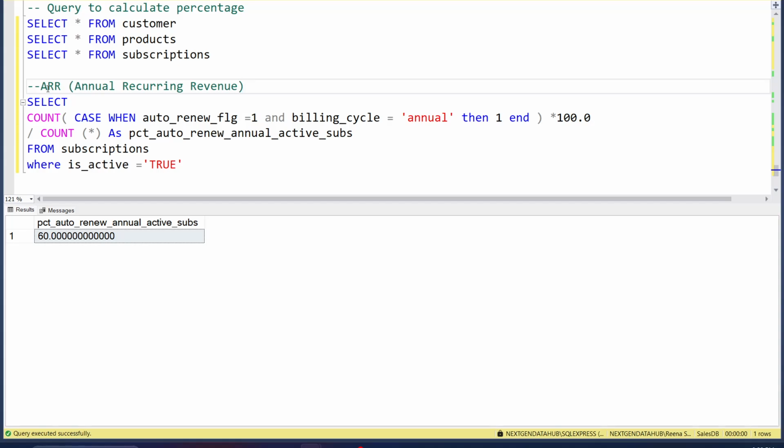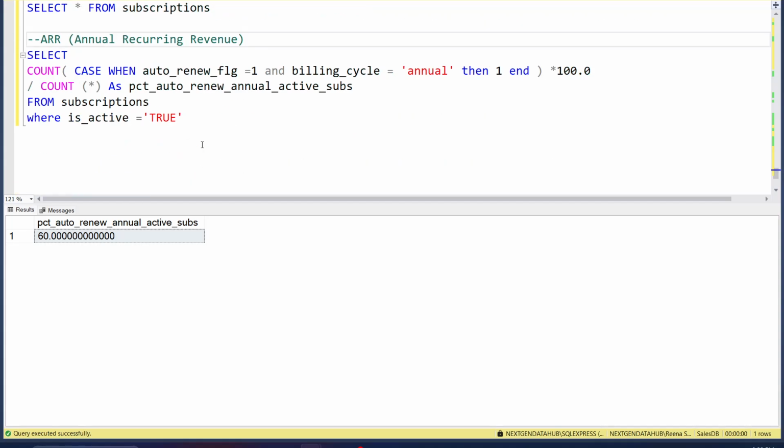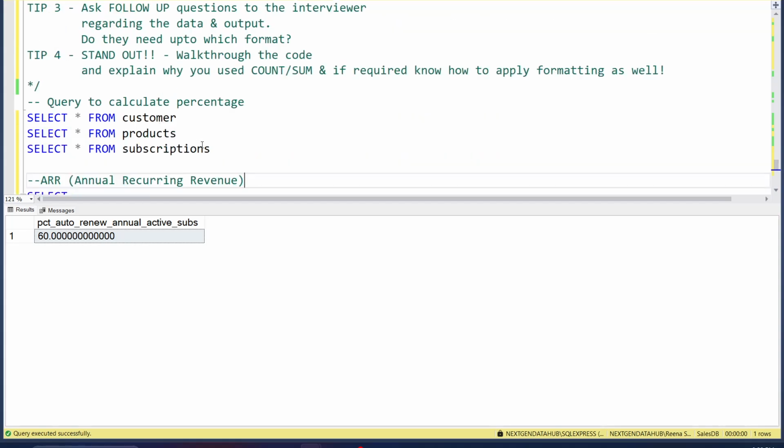If you work for any company, sales department or analytics team, MRR and ARR are one of the most important KPI metrics which are tracked by the leadership teams, and the whole analytics team will be working on providing these metrics.